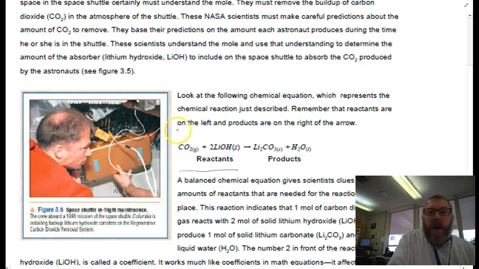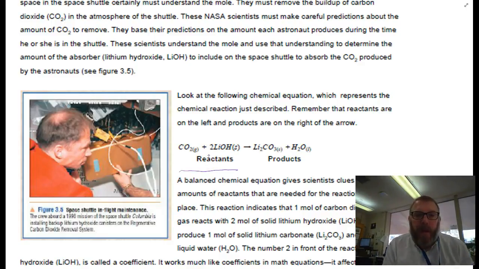So in this case, carbon dioxide is a chemical compound that goes into the reaction, and lithium hydroxide is another compound that goes into the reaction. Reactants are the things that come in, products are the things that come out. So lithium carbonate, Li2CO3 solid, plus H2O, which is water, in the liquid phase, is what comes out. Reactants come in, products go out.